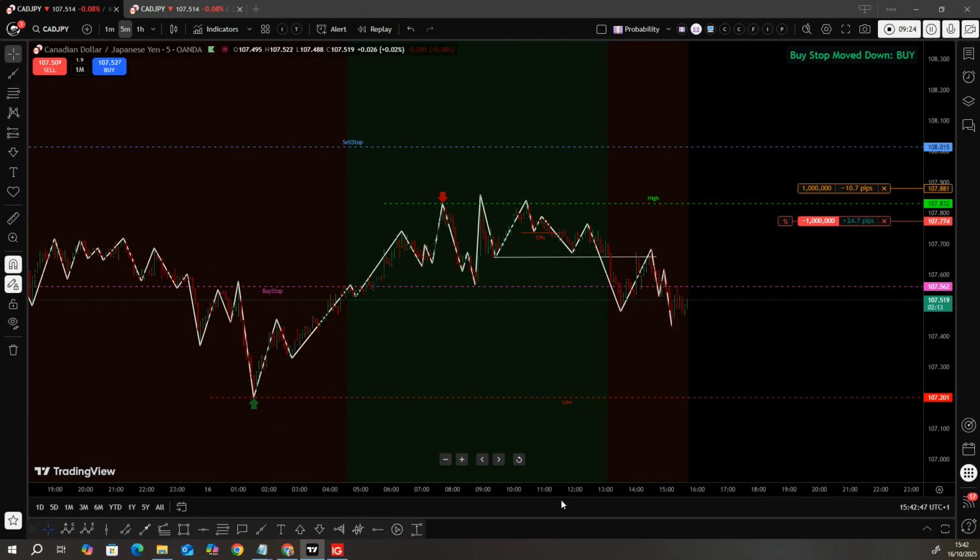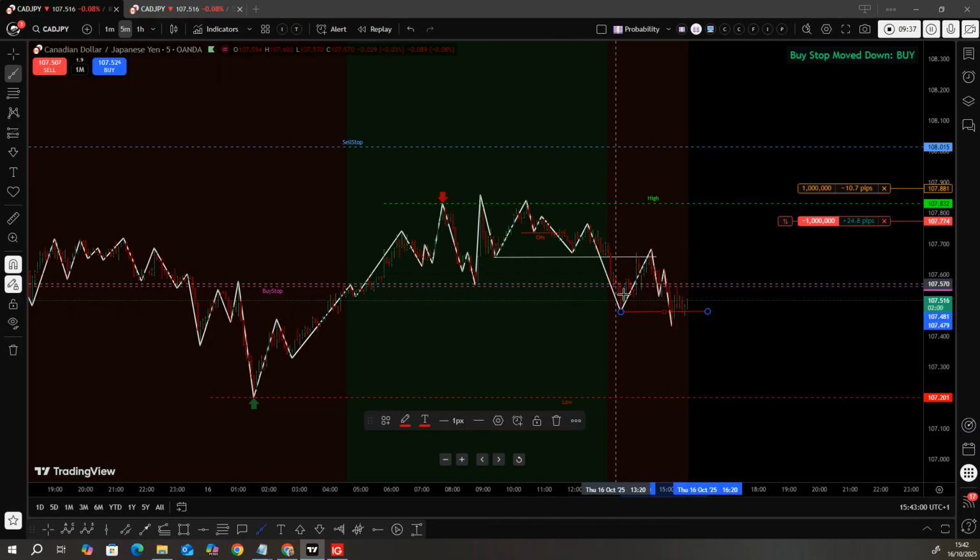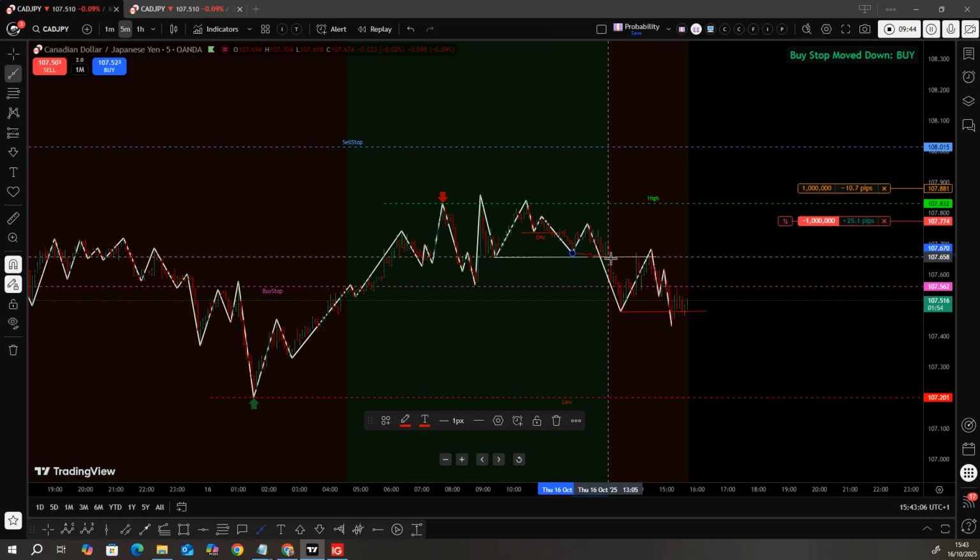What I mean by that is this one was broken twice, then this one was broken once, pulled back, and twice. All these are confirmations. That is a confirmation. This one here, that's the confirmation of the second break.